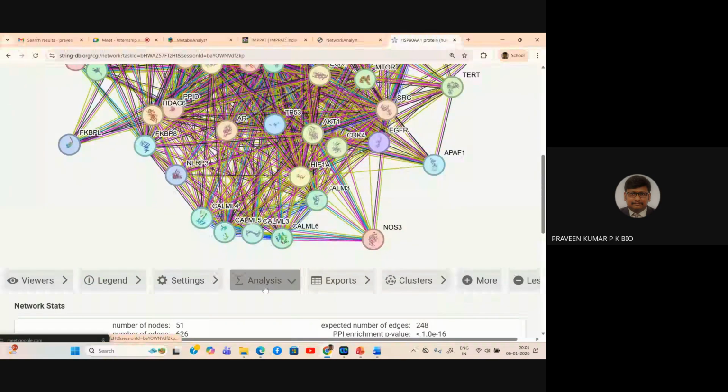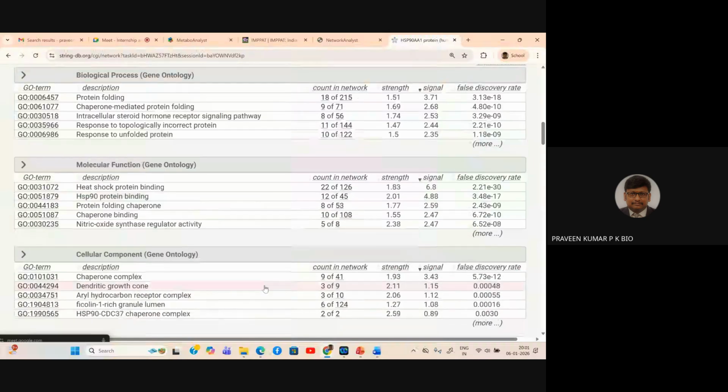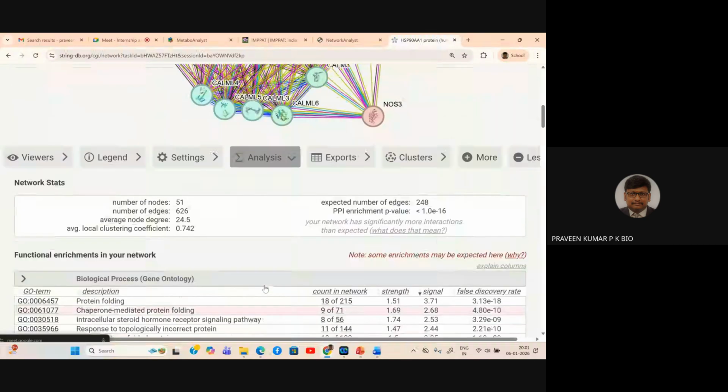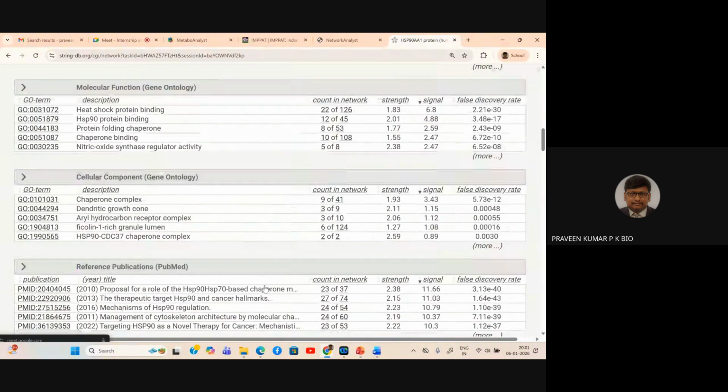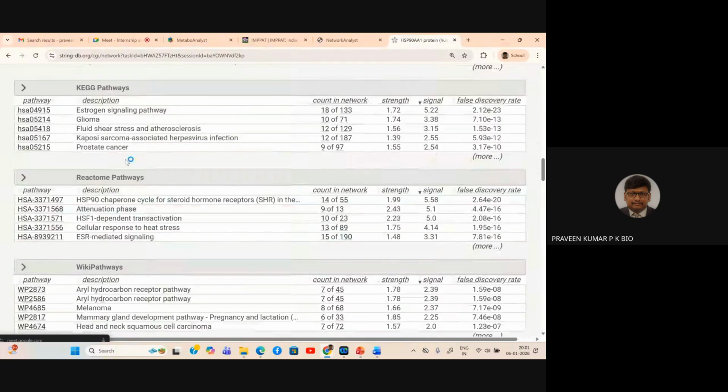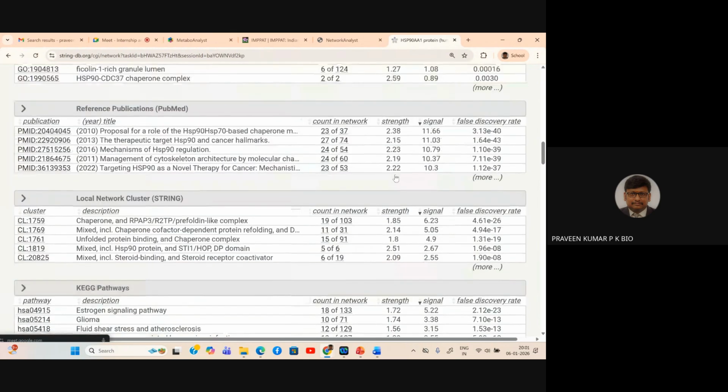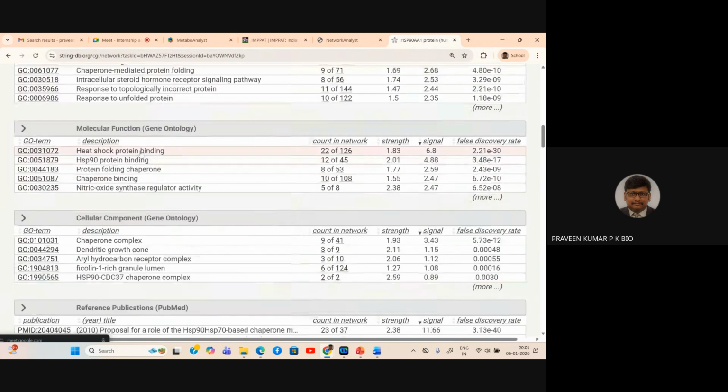And then if you want to go with the gene enrichment for a particular disease, for example, myself, if I'm working on prostate cancer, I click prostate cancer. Whatever is selected as prostate cancer is in this orange color. Next, if I want to use the heat shock protein binding, this is selected in violet color.